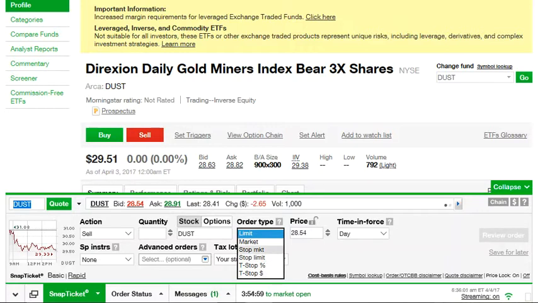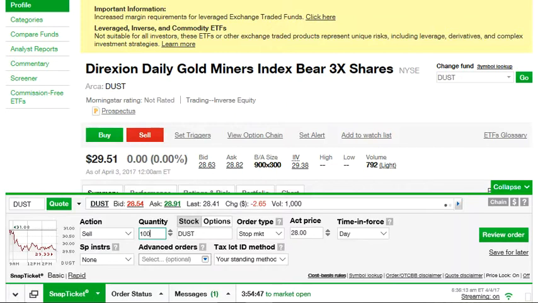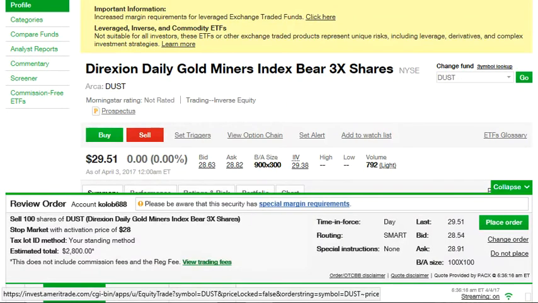You go to the stop market, that's the most basic one, put in $28 and your 100 shares, and hit review order. It says over there on the left, stop market with an activation price of $28.